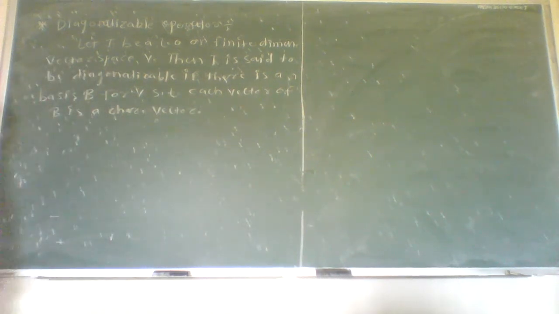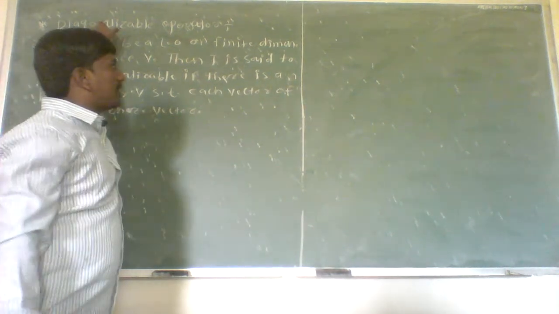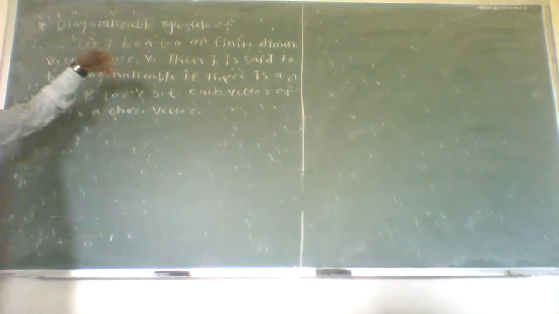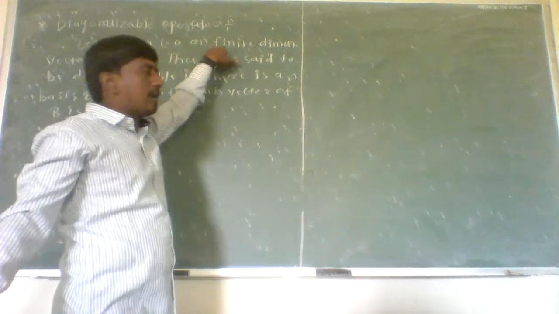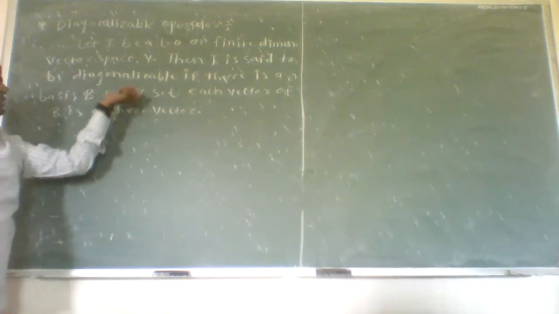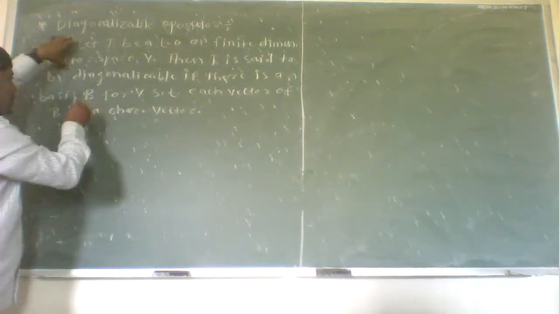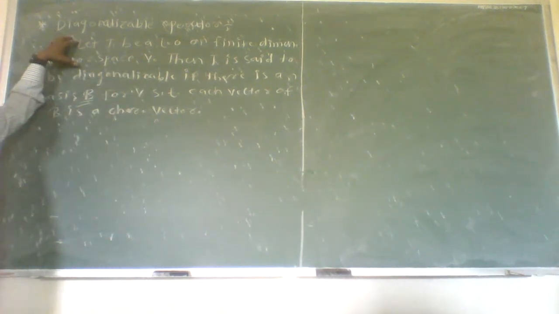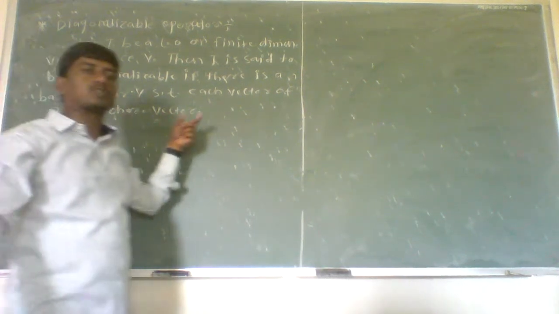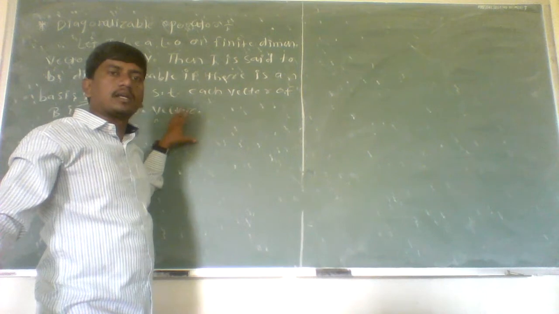So what is a diagonalizable operator? If we have a linear operator T defined on a finite dimensional vector space V, then T is said to be diagonalizable if there is a basis B for V such that each vector of this basis is a characteristic vector.